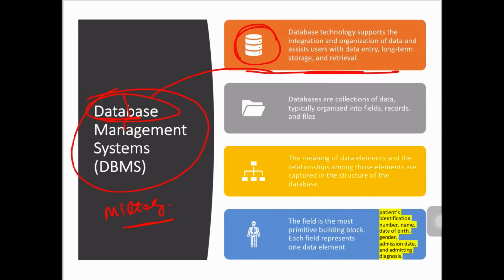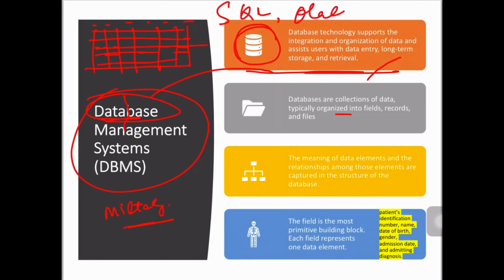So in a database, we not only store data, but we store the data in a way which is very organized, right? Another example, I guess everyone is familiar with the Excel sheet. So we store the data in a tabular format. They have some headings and there is some data, and this is one way of storing the data. If you are familiar with SQL, and maybe some are familiar with Oracle, these are all databases which are used to store the data.